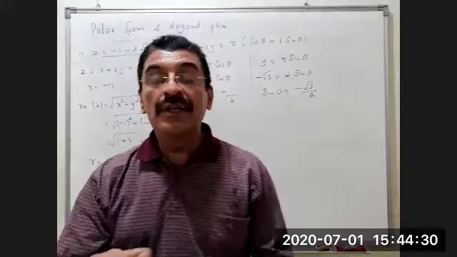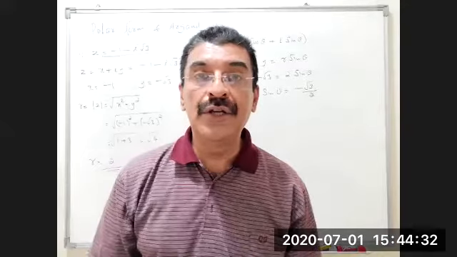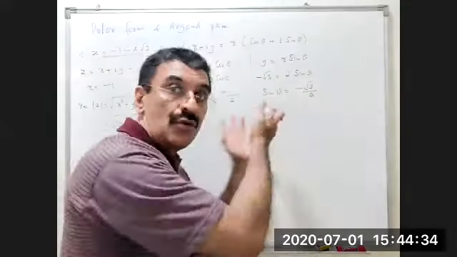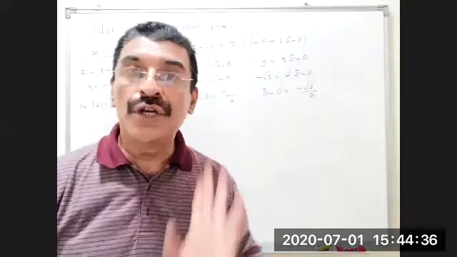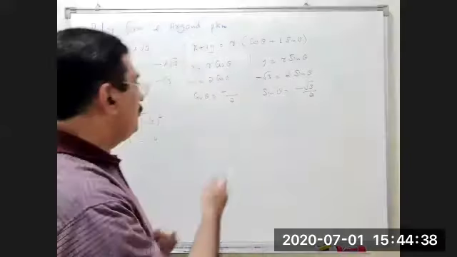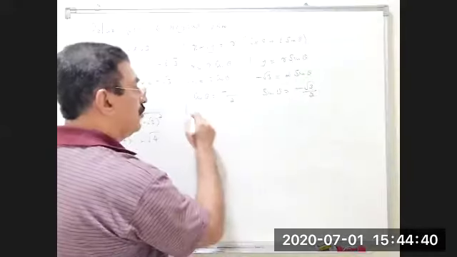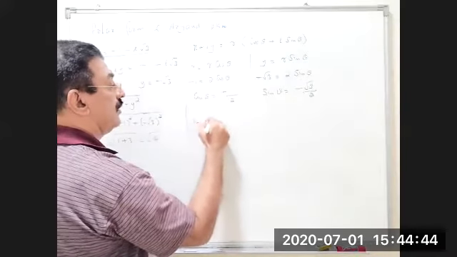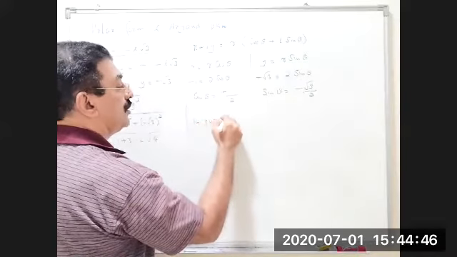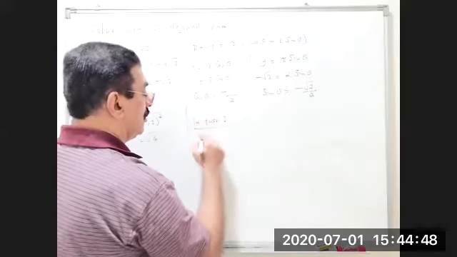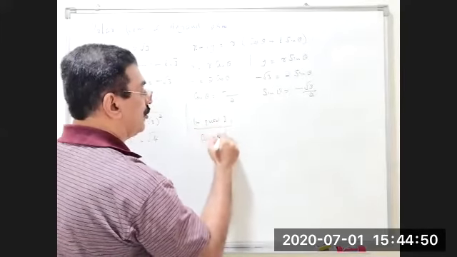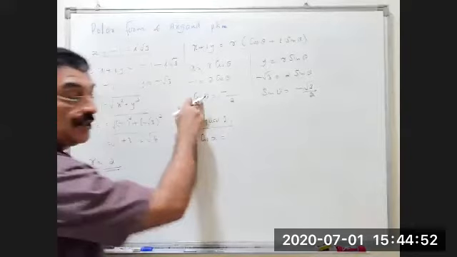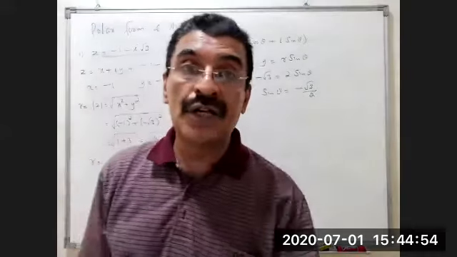Now, to find alpha, we take either sin theta or cos theta, one of them. No need of taking both. So we can take cos theta. In quadrant 1, we take cos alpha instead of theta. In quadrant 1, the angle is alpha.